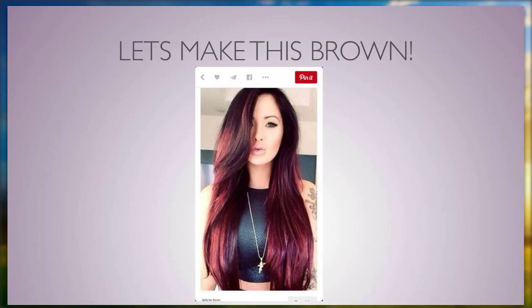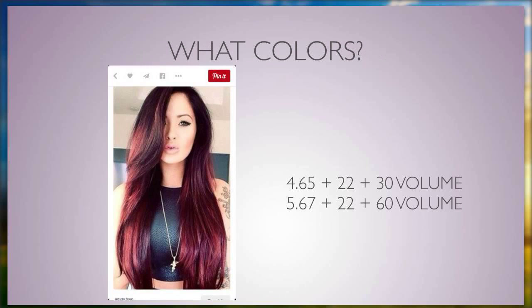So if you look at this model, we took this model and said, okay, how can we make these formulas? Each stylist that was there came up with their own interpretation of how they were going to make these colors. The formulas I put up here are my formulas.